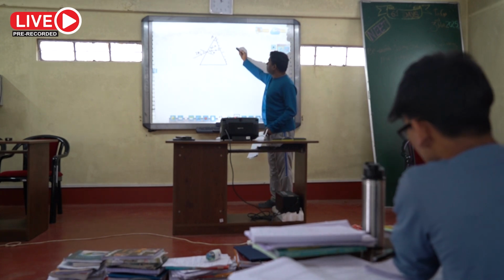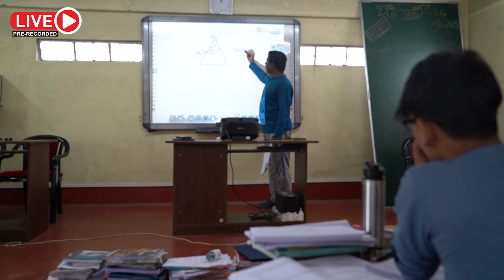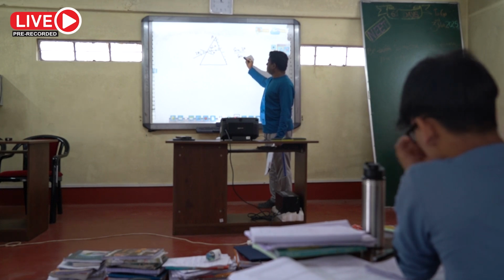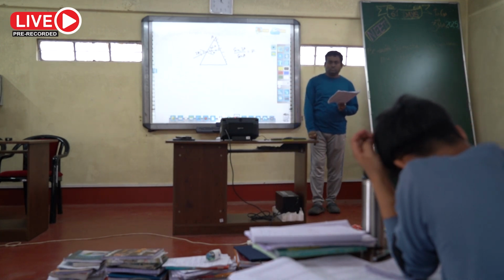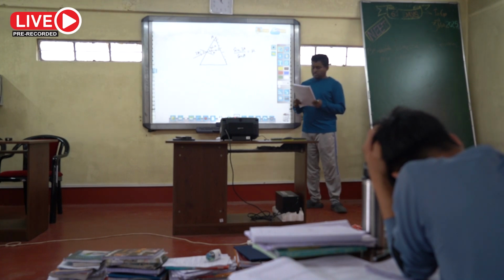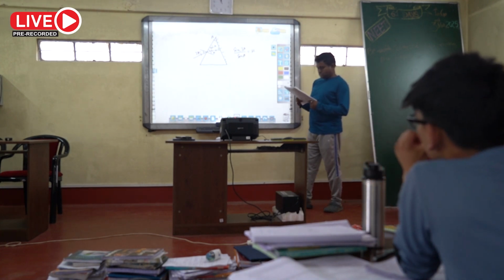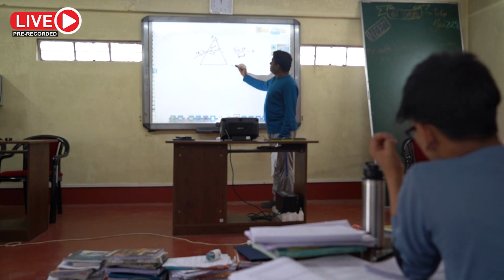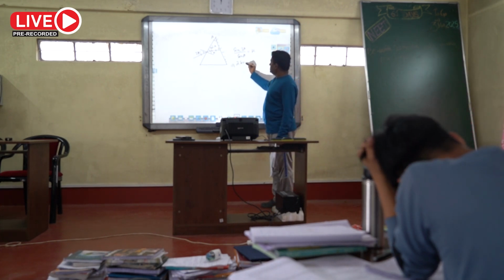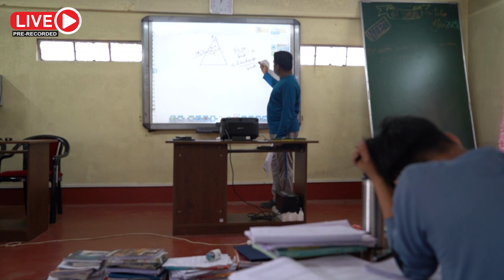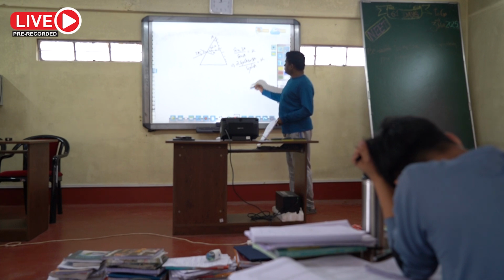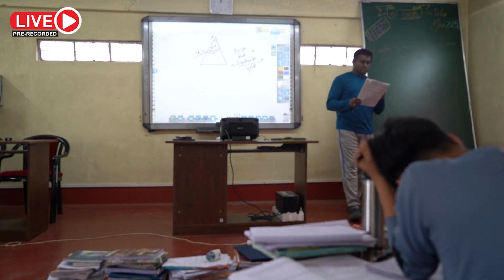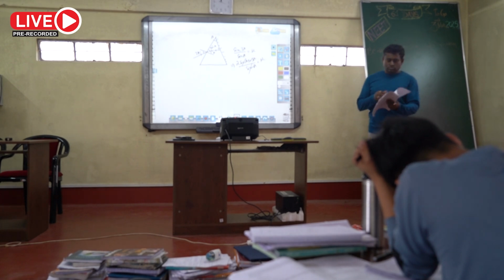Then we can apply Snell's law: sin i1, that is 2A, by sin r, that is A, equal to mu. So it will be 2 sin A cos A by sin A equal to mu. Refractive index equal to 2 cos A. Option 2.